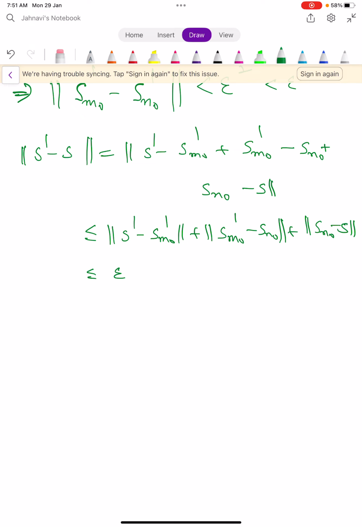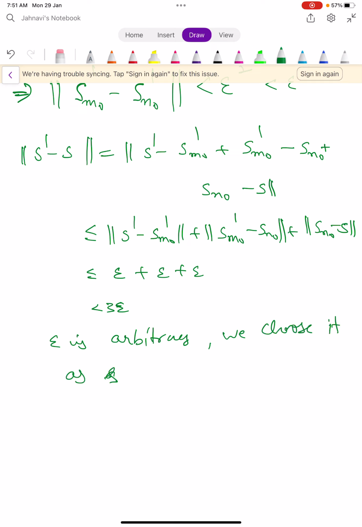Every norm is less than epsilon. Epsilon plus epsilon plus epsilon, which is 3 epsilon. And epsilon is arbitrary. We choose it as small as we need.